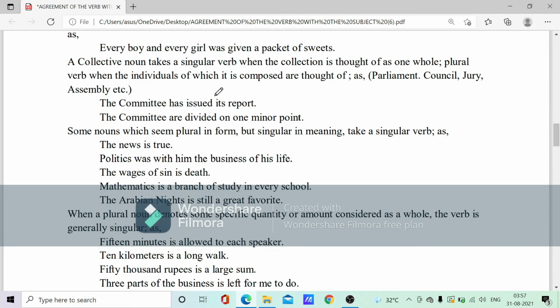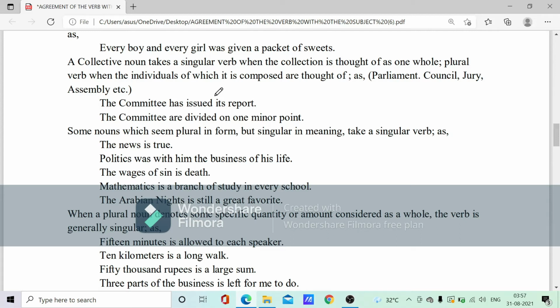Next rule that is very important for you: a collective noun takes a singular verb when the collection is thought of as one whole, and a plural verb when the individuals of which it is composed are thought of as separate. We have some examples here.